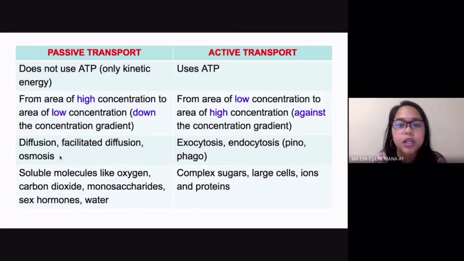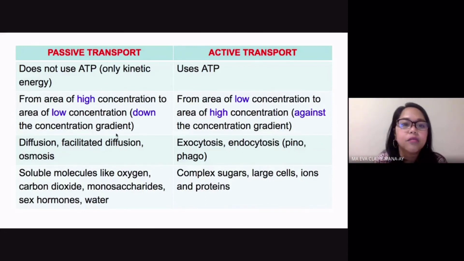Now, exocytosis and endocytosis are examples of your active transport. Exo is expelling materials out of the cell. Endo is engulfing materials. If those are smaller molecules, then that is going to be pinocytosis. If those are bigger molecules, then that would be called phagocytosis. Now, what are some types of substances that can be transported using the different types of transport?